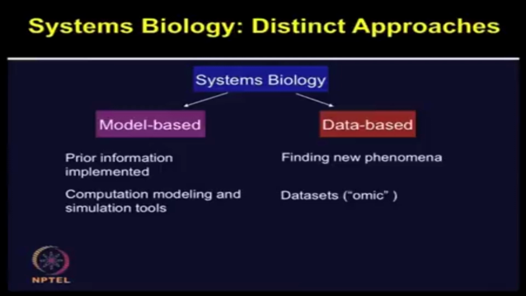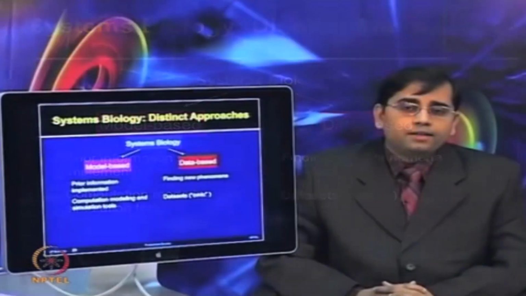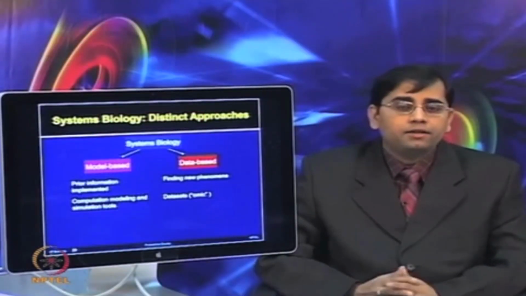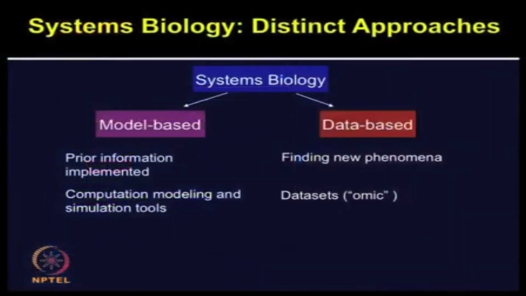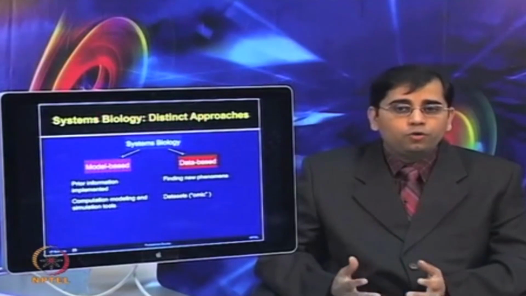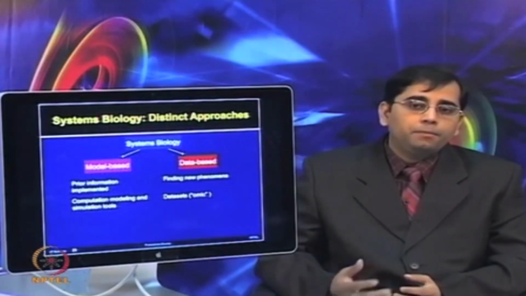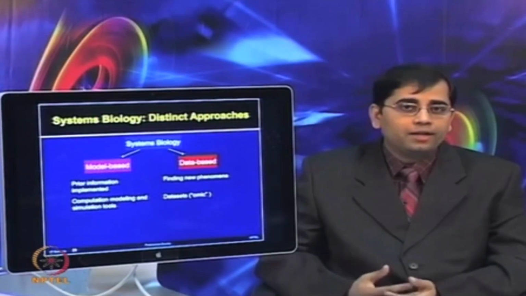The model based approach relies on computational modeling and simulation tools, whereas the data based method relies on omics datasets. In the model based systems biology approach, it is difficult to build detailed kinetic models, but in the data based approach, complex relationships among various types of omics information and metabolic pathways and networks can be created.